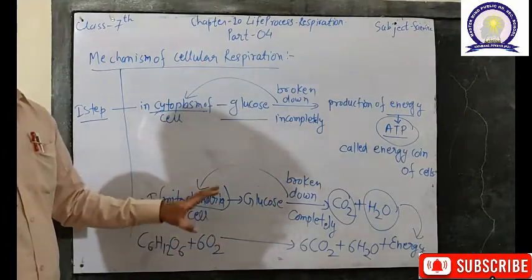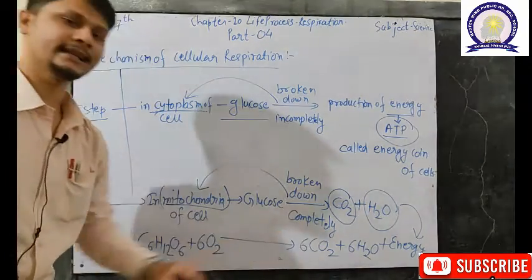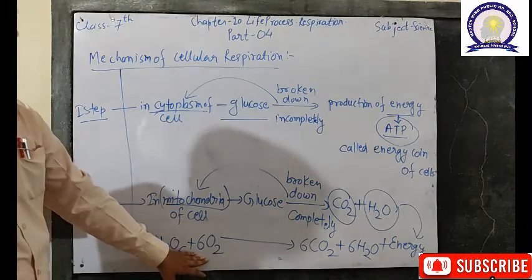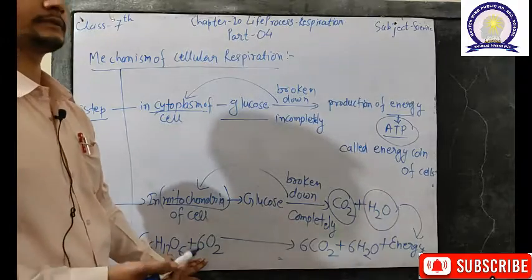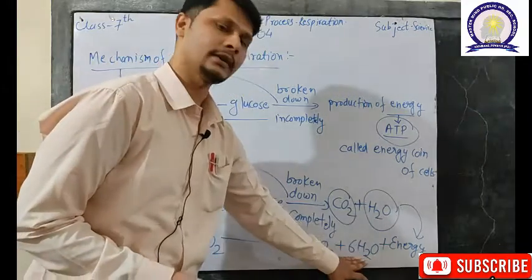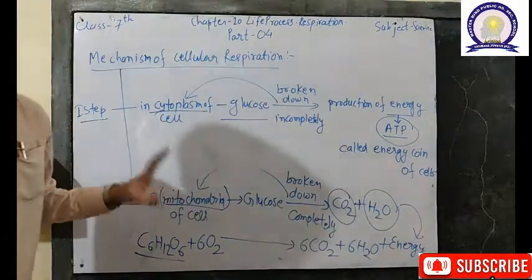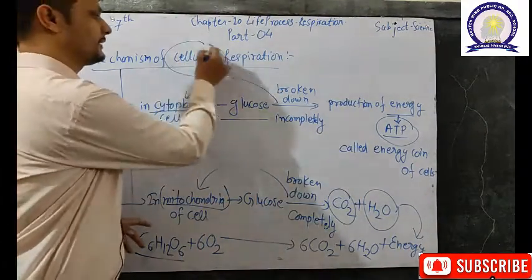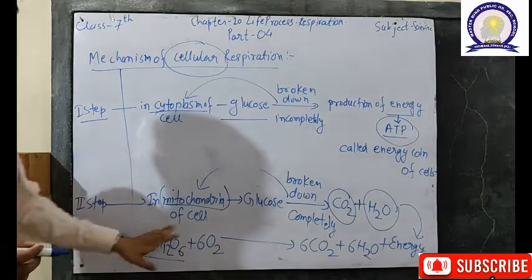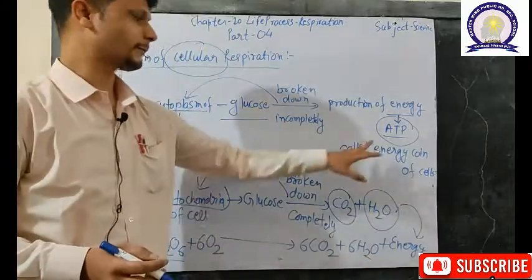It is a complex process with a chemical reaction where glucose, that is C6H12O6, is oxidized in the presence of 6 molecules of oxygen acquired by the process of breathing, and leads to the formation of 6 molecules of carbon dioxide and 6 molecules of water, with the production of energy in the form of ATP. So this whole process occurs inside the cell, that's why it is called cellular respiration. A partial process occurs inside the cytoplasm, and the remaining complete process occurs in the mitochondria, leading to the formation of carbon dioxide, water and energy in the form of ATP.